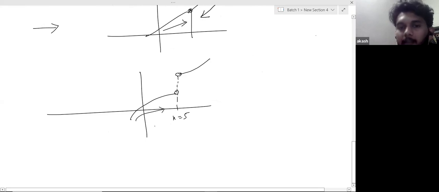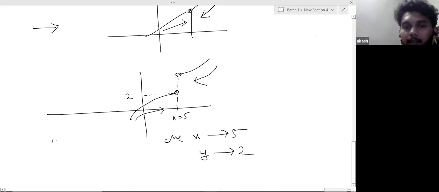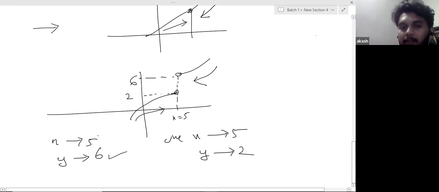You are moving from this side and getting the value 2, so when x approaches 5, y approaches 2. But when you move from the other side, when x approaches 5, y approaches 6. Now when x approaches 5 we are getting two cases, y is 6 and y is 2. So the limit will not exist because we are getting two values.